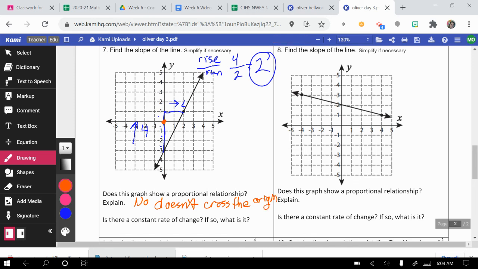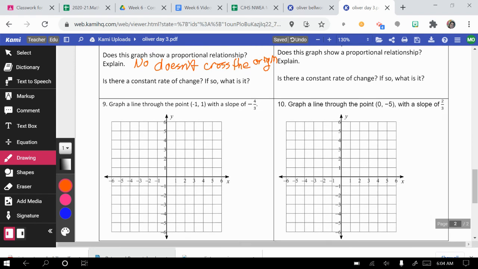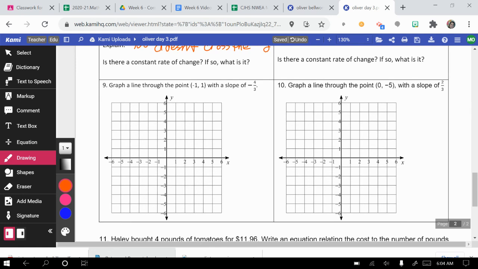Okay, you're going to have to do 8, but I'm going to give you a hint. Remember, if you're going down, down always equals a negative slope. All right, we have to graph the point at -1, 1, and then have a slope of -4/3. So here is where x is -1, but y is +1. You always do your x first, then your y when you're plotting an ordered pair.